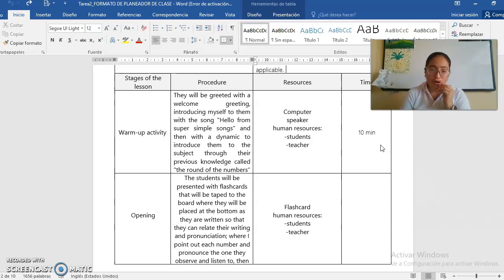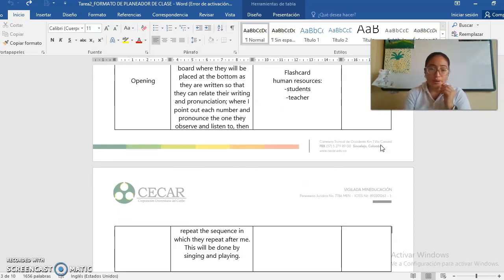I point out each number and pronounce it, and they observe and listen. Then we repeat the sequence, and they repeat after me. Resources: flashcards, human resource, students and teacher.